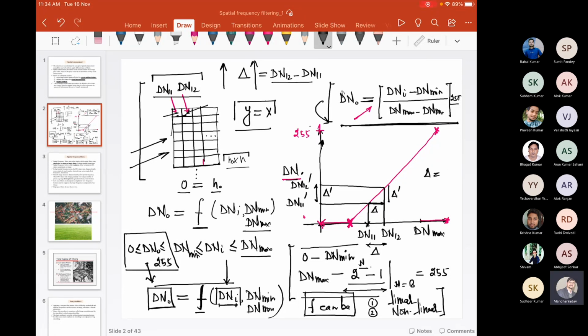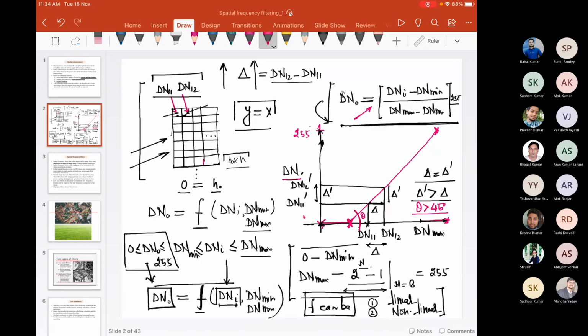Delta will equal delta dash when tan theta is 1, when this angle is 45 degrees. Delta dash is more than delta when this angle theta is greater than 45 degrees.